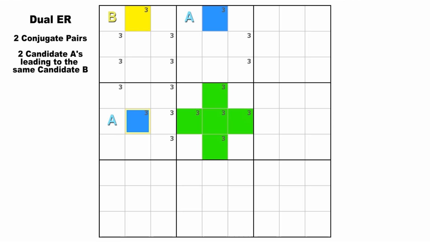So if the candidate 3 in row 5, column 2 is false, which is what the inference just told us, then that means the next inference in the chain is that candidate B in the yellow cell is true. So the net result of the string of inferences is that if candidate B is false, then candidate B is true. Okay?